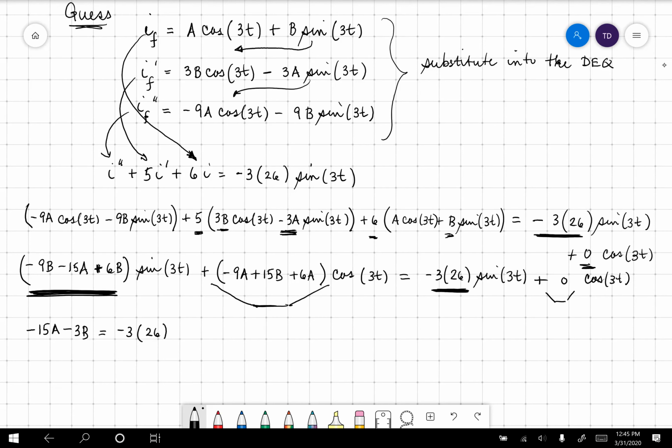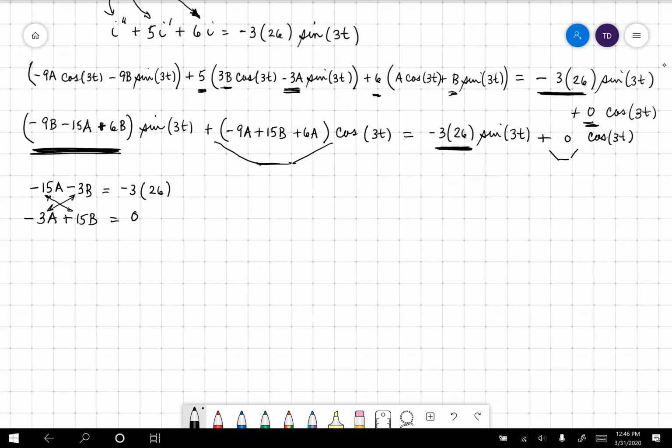For the second equation, we have minus 9a plus 6a. That's going to give us minus 3a, and then plus 15b. And you're always going to have this. These numbers match up. These numbers are negative of each other. That equals 0. So you should look for those things. That should always happen.